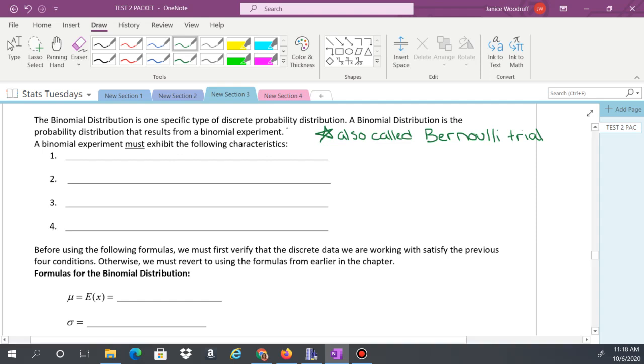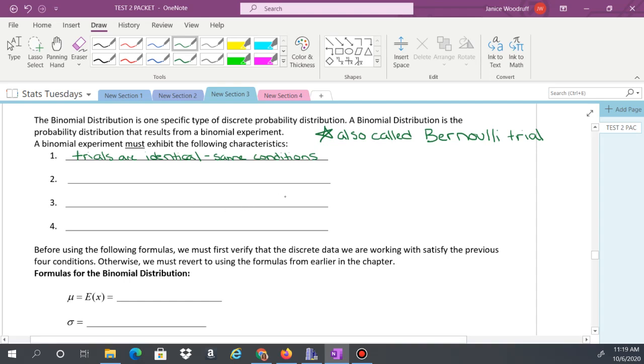The first one is that the trials are identical, which means they are performed under the same conditions. If you want to write that down, you can. So if I flip a coin, I flip it the same way every time.